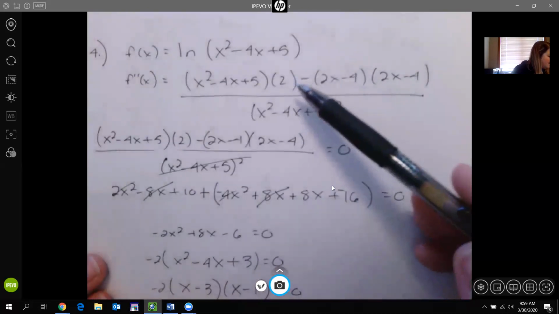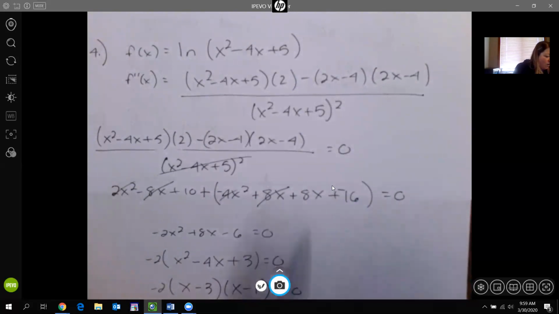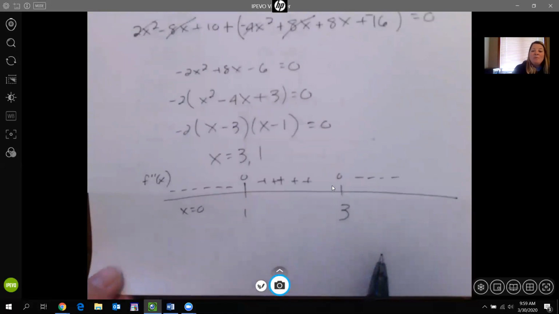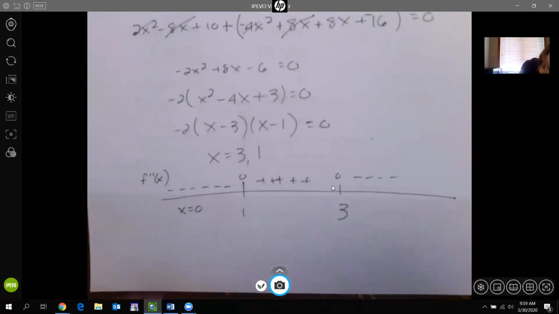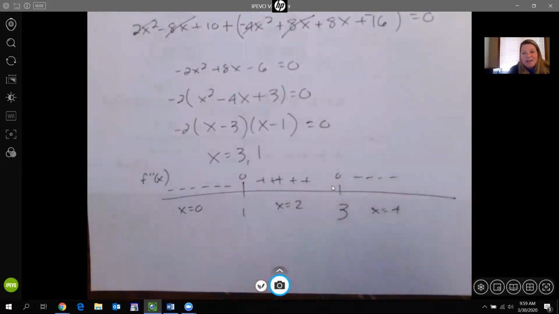A 2 in here is going to give me a positive. And a 4 in here will give me a negative. So putting in a number like I use 2 here and I use 4 here, you're just going to be calculating that out. It's kind of a pain. So make sure you calculate the numerator, calculate the denominator, and then divide them and see if it's positive or negative.